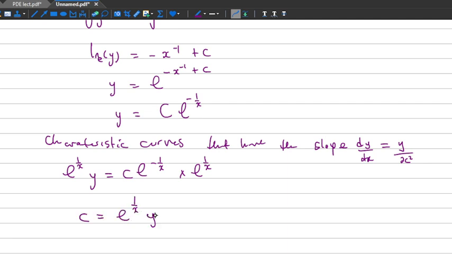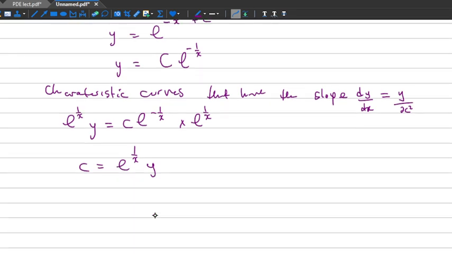Simply you're going to have c being equal to e to the 1 over x times y. So now the characteristic curves will be written as y e to the 1 over x.